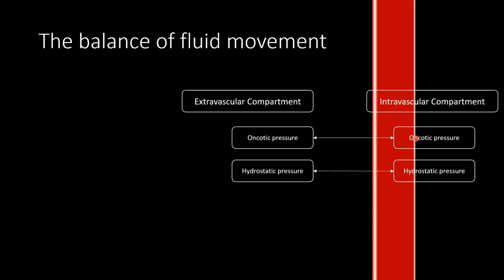The oncotic pressure predominantly draws water into it, and the hydrostatic pressure predominantly pushes the water out of that compartment. So suppose for example in the intravascular compartment the oncotic pressure is higher, it will draw water inside. Similarly, if the hydrostatic pressure inside the intravascular compartment is higher, it will push the water outside.